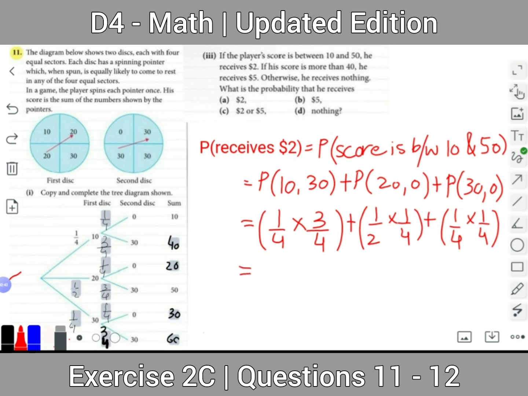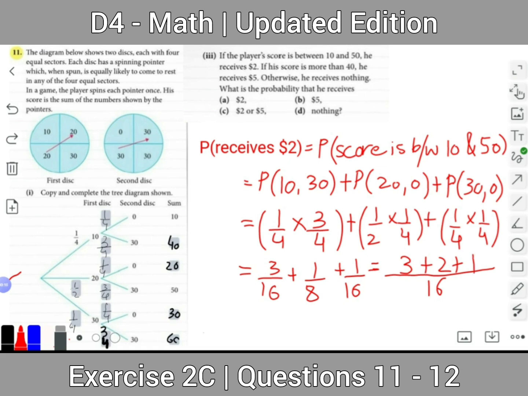Now after multiplication we will get 3 over 16 plus 1 over 8 plus 1 over 16. And since we have already seen that the LCM of 8 and 16 is 16, 16 ones are 16, so we have 3. 8 twos are 16, so here we have 1 multiplied by 2 is 2, and 16 ones are 16, so here we have 1.